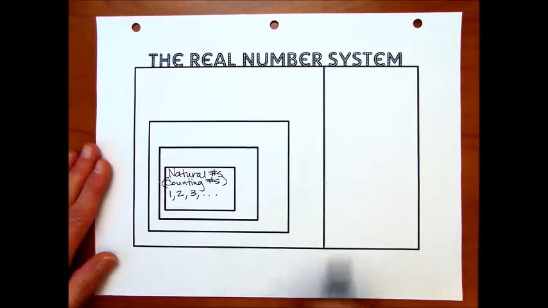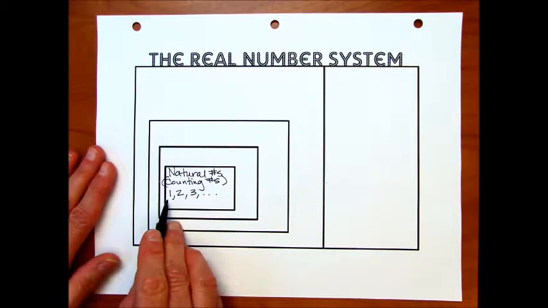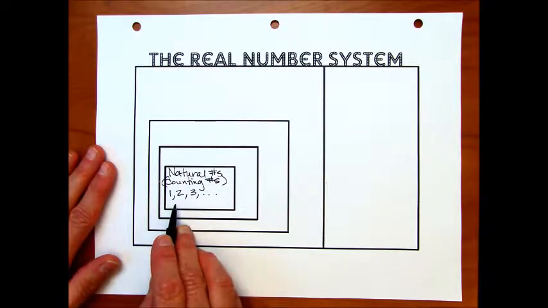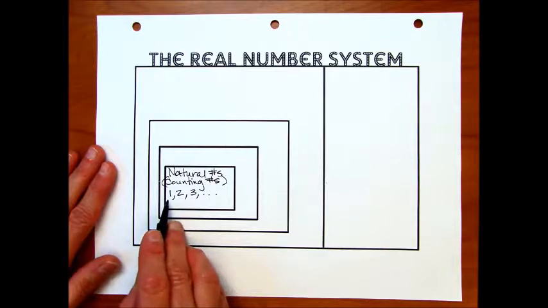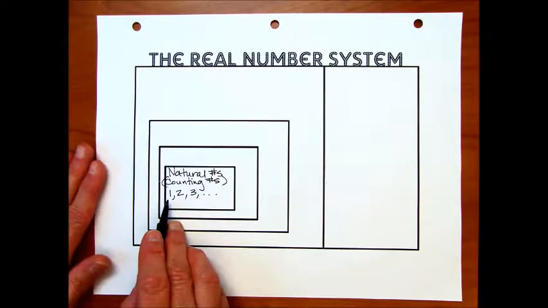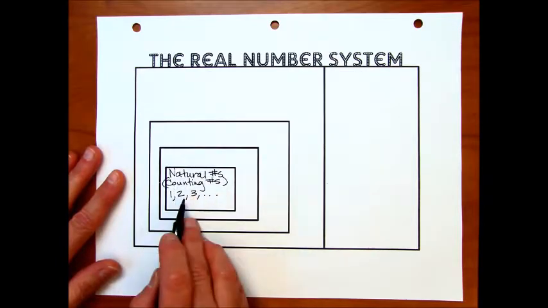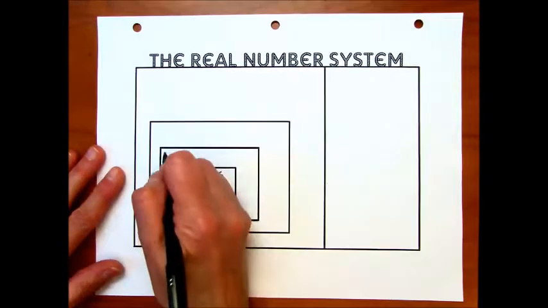Notice they do not include 0 or any negative numbers. They do not include fractions or decimals. They're just numbers that when you were a young child you learned to count, starting with the number 1.